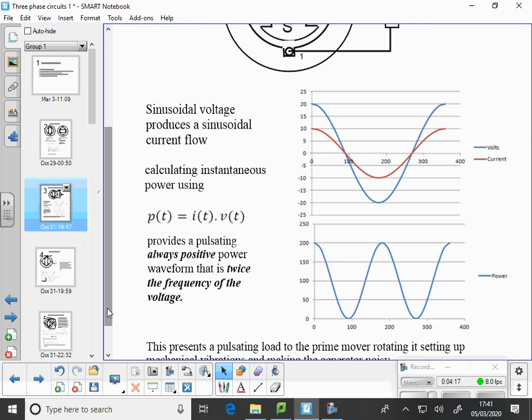It's resistive, so therefore we've got no Q, everything is above the line. And it's doing 2 cycles for every cycle of the generator.